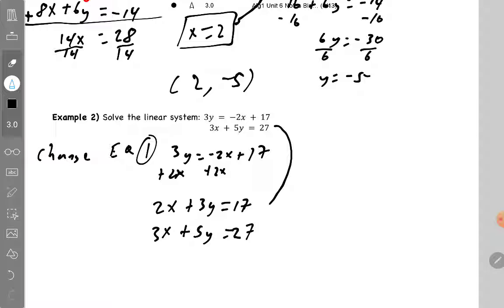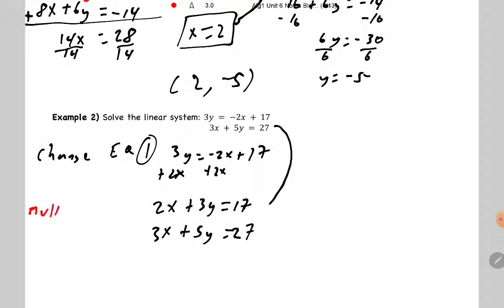So what I'm going to do now is multiply the top equation. So multiply equation 1 by, let's do 3.